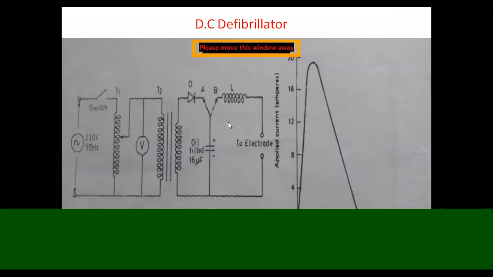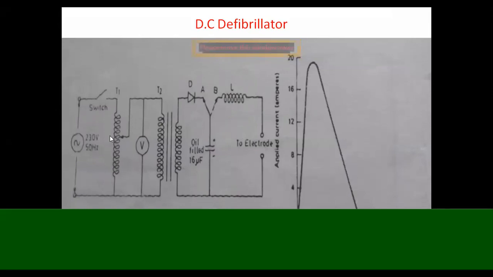So when the switch is connected to B, okay. Initially the switch is connected to A, and this diode acts as a rectifier. The AC voltage will be sent to the transformer T2 through the auto transformer.